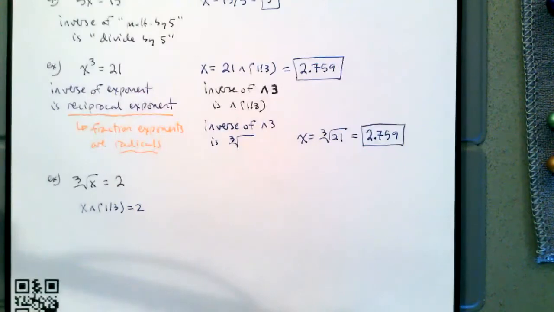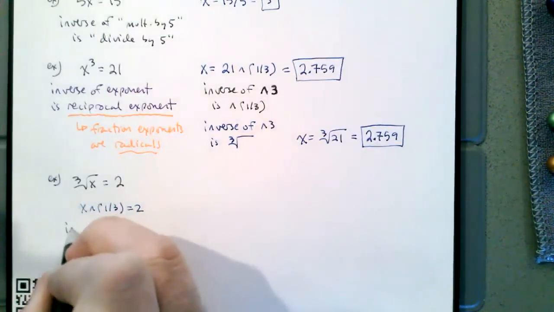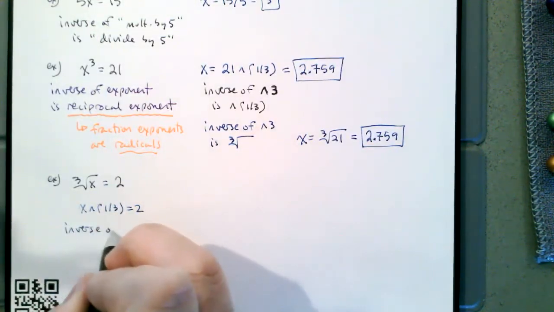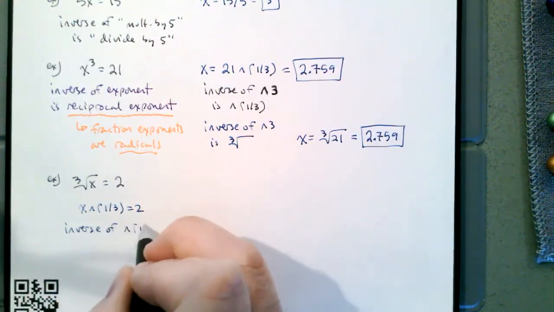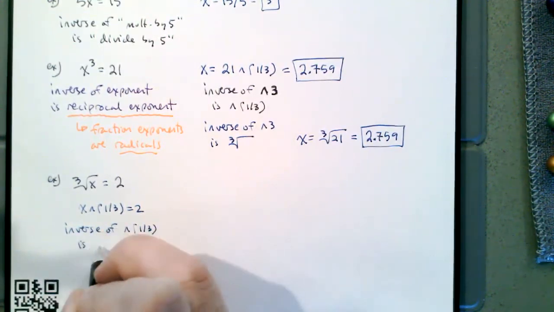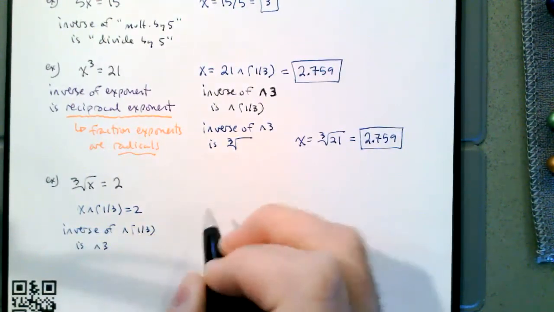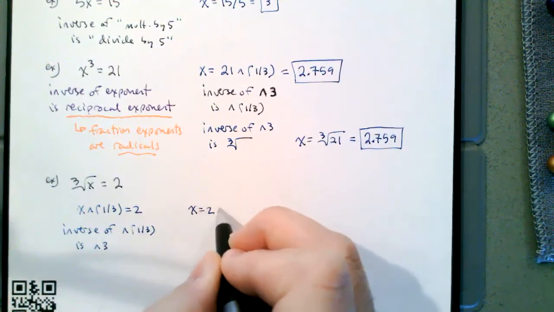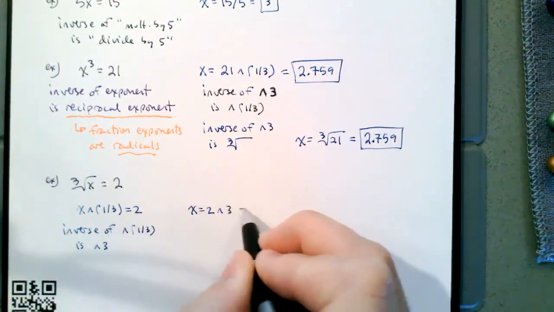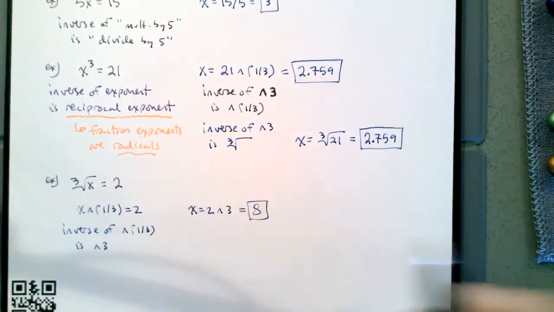So to solve, I would say the inverse of a 1/3 power is the reciprocal of a third, which is 3. So I'd solve x is equal to 2 to the reciprocal of 1/3, which is 3, which is 8. Because radicals are fraction exponents.